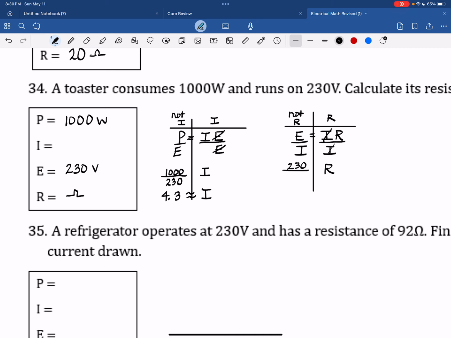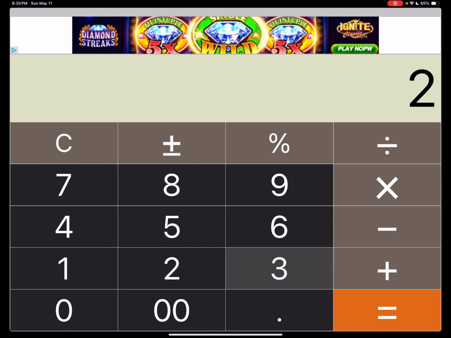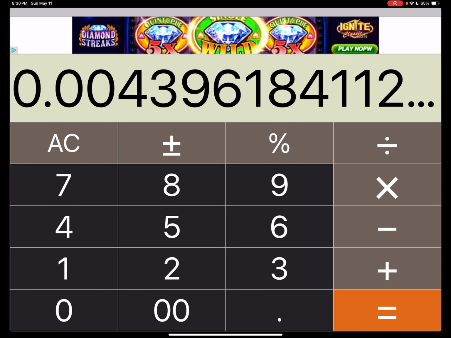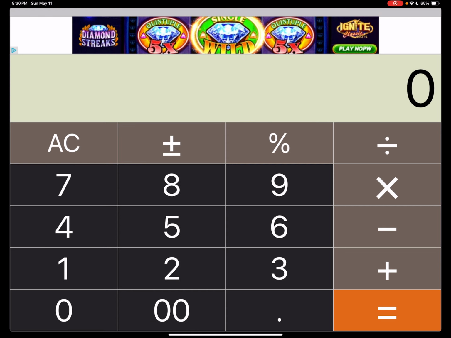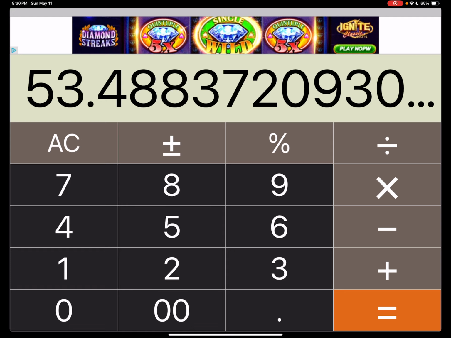And then I'm going to substitute that value in right here for I. And then that will tell me that my resistance is about 230 divided by 4.3. Something's not right there. 230 divided by, I know what it was, I didn't clear.